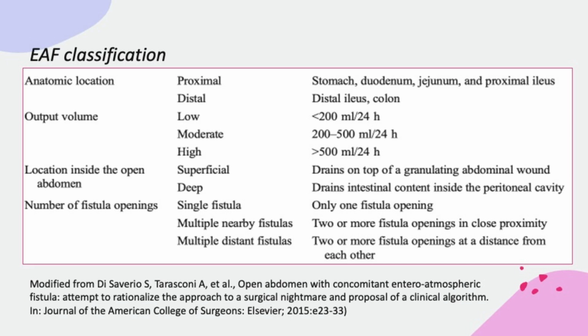Classification of enteroatmospheric fistulas (EAF) based on multiple criteria to assist in clinical decision-making. Anatomic location. EAFs can be classified as proximal, stomach, duodenum, jejunum, or proximal ileum, or distal ileum, impacting the type of surgical and nutritional management required. Output volume categorized as low, less than 200 milliliters per 24 hours, moderate, 200 to 500 ml per 24 hours, or high, greater than 500 milliliters per 24 hours, which influences fluid and electrolyte replacement strategies.